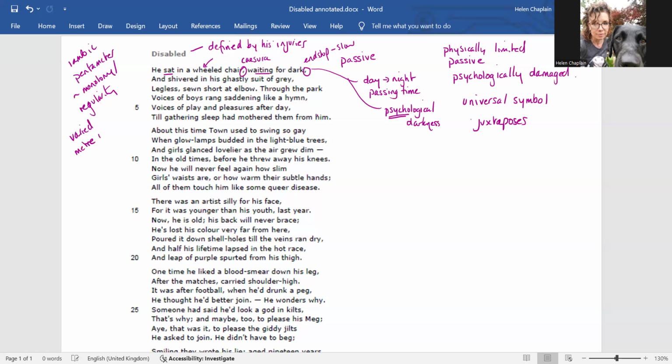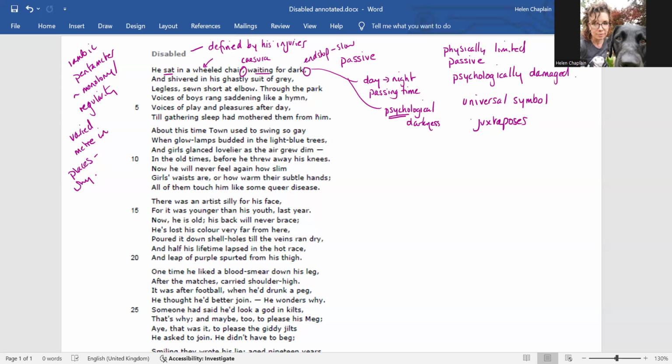So we can talk about those effects when we come across them, and we can look at why that is. So it's largely in regular iambic pentameter with some variations to create specific effects. And again, for an exam, you don't need to memorize all of them. I'd look at maybe two, and then you can talk about the regularity, and you can contrast it with these exceptions, and you can say something meaningful about those exceptions.